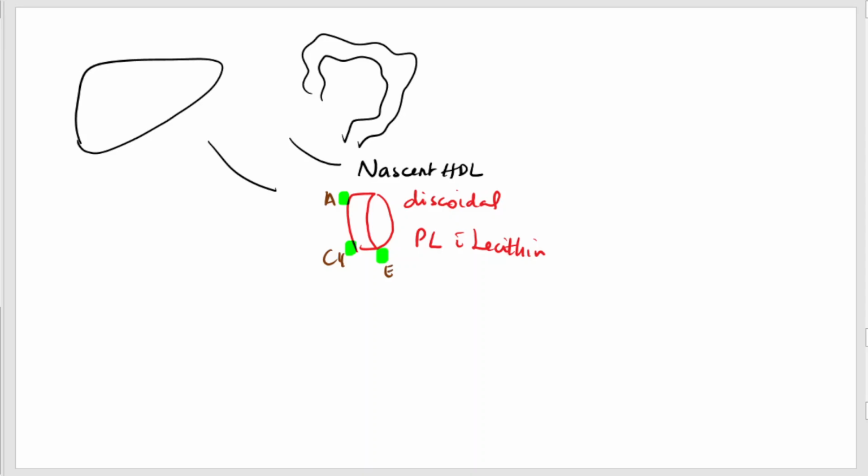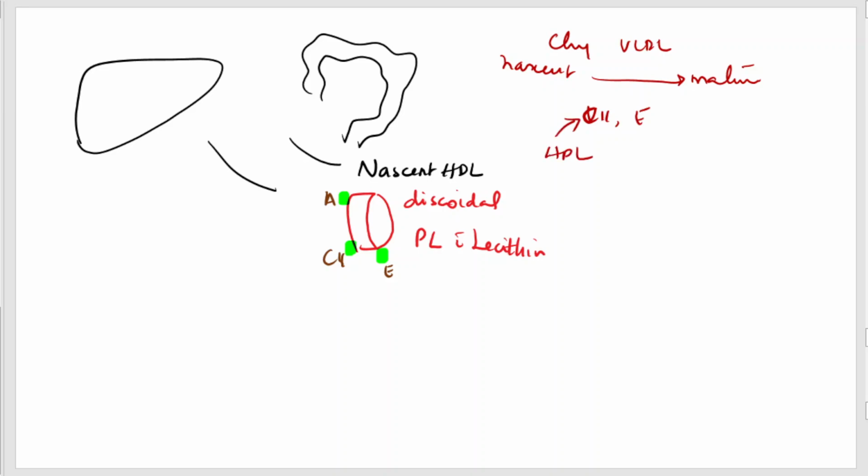Now what happens? This is nascent HDL, right? So we have to make it mature. But before that, what do you know about this ApoC2 and ApoE? What have we learnt before? In the chylomicron metabolism or the VLDL metabolism, we've seen the nascent structures are converted to mature forms as they acquire C2 and E from the HDL.